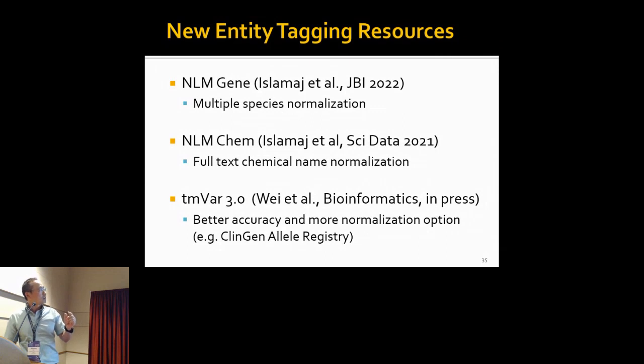We have developed a new corpus for chemicals, looking not just at the PubMed abstract but also at the full text for named entity recognition. And most recently, we developed an improved version of the mutation tagger with more accurate results, as well as more options for normalizing to different database records, including the ClinGen allele registry.